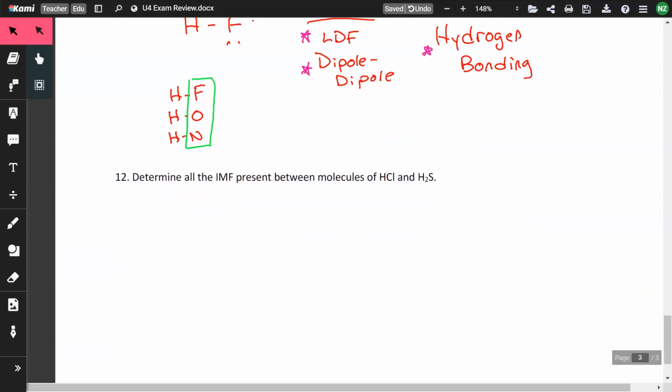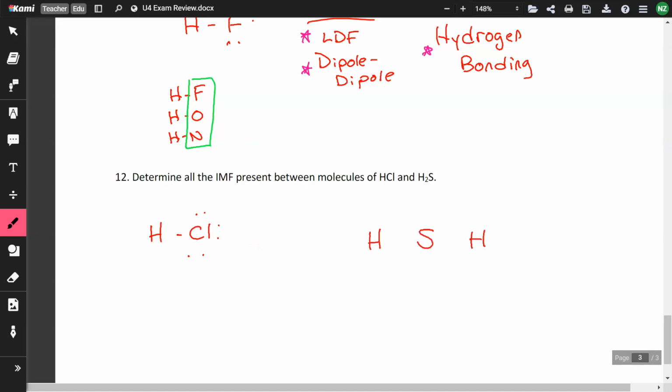Determine all the IMF present between molecules of HCl and H2S, which is dihydrogen sulfide. Good stuff. Put it on my cereal in the morning. Okay, so let's draw these out. So we have HCl, and we have H2S, so like this.